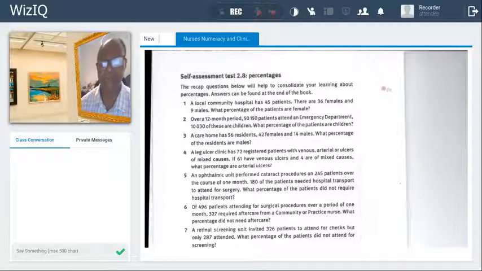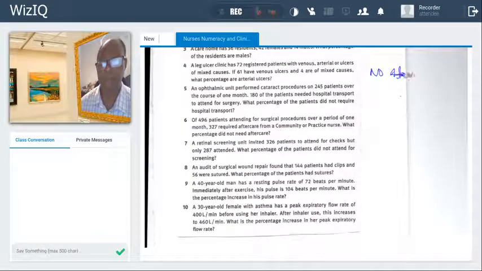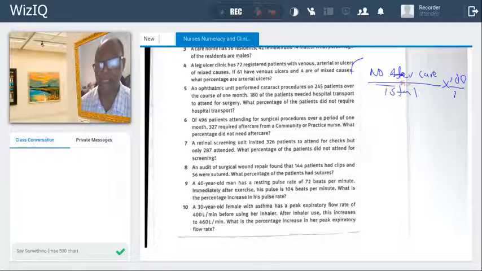Okay, so what you have is no aftercare divided by the total, and then you multiply by 100 over 1. Very important to do this at the very beginning, because you know exactly what data you need.